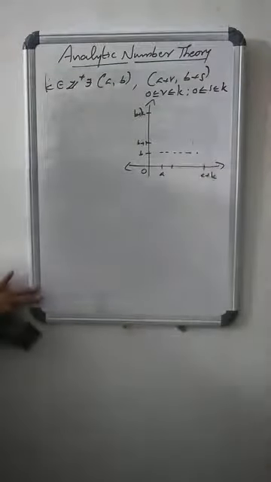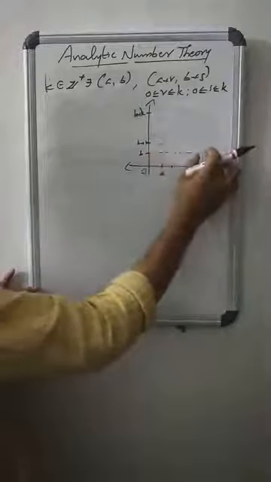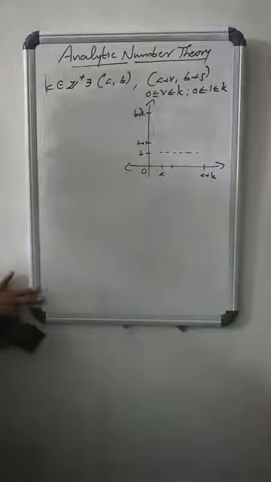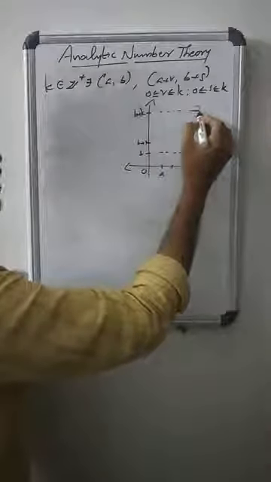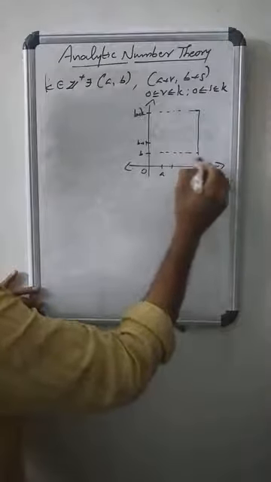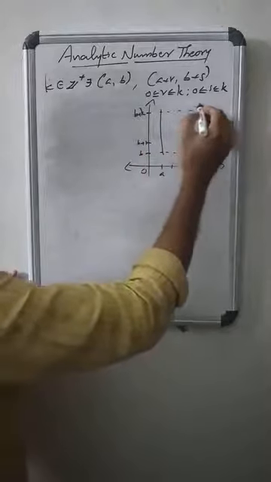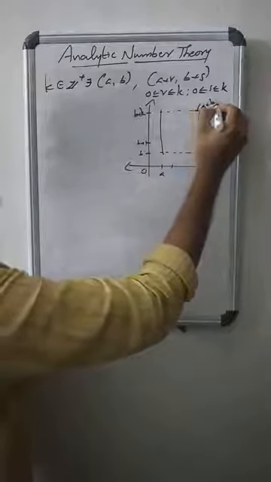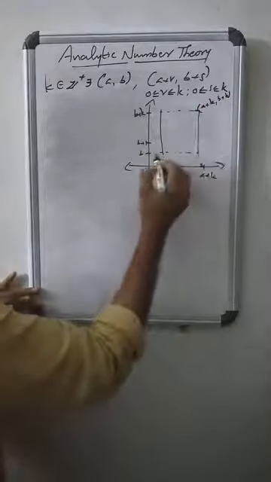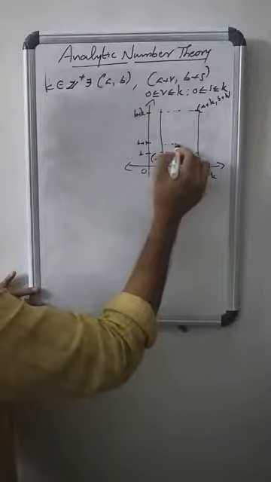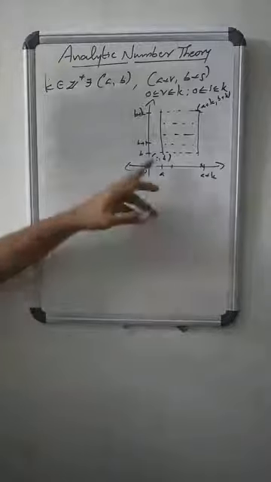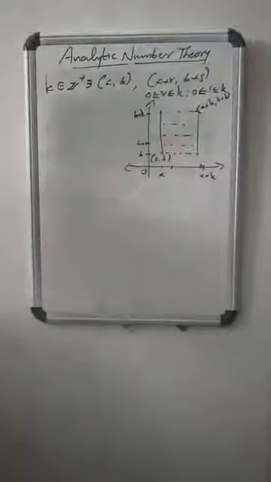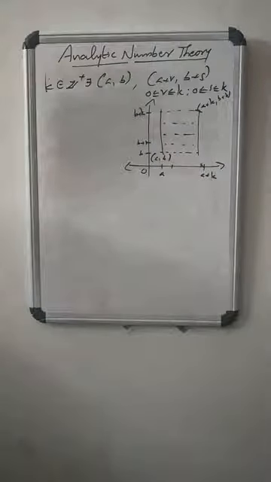This is the ordered pair (A, B), and this is the ordered pair (A plus k, B). So what about this point? This point is (A plus k, B plus k), and this point is (A, B). There are a number of such points. This is (A, B), and the opposite corner is (A plus k, B plus k).